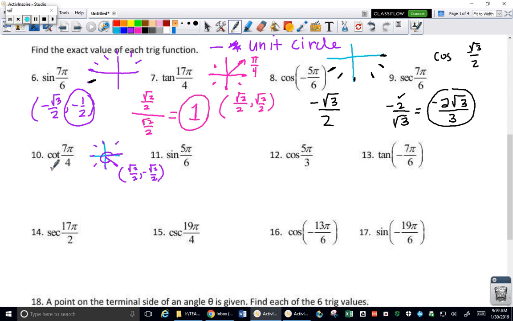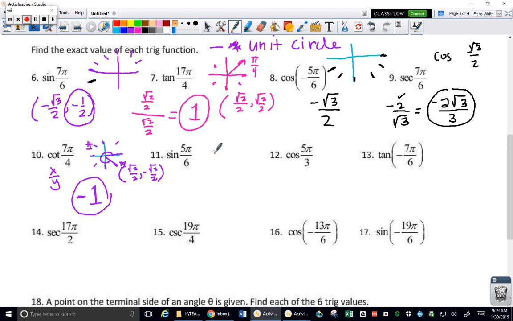Cotangent is the x value over the y value, so this one over that one gives me a cotangent value of negative 1. So tan and cotan are negative in quadrants 2 and 4, and cotangent and tan are positive in quadrants 1 and 3.